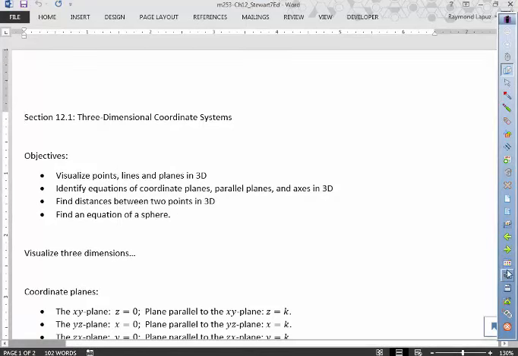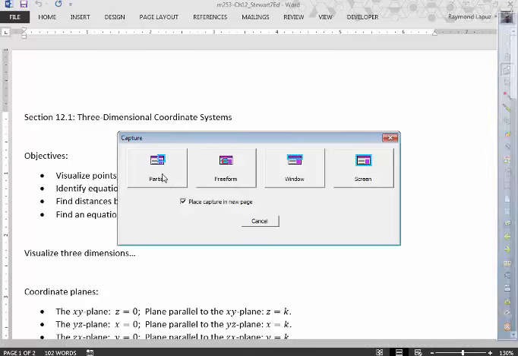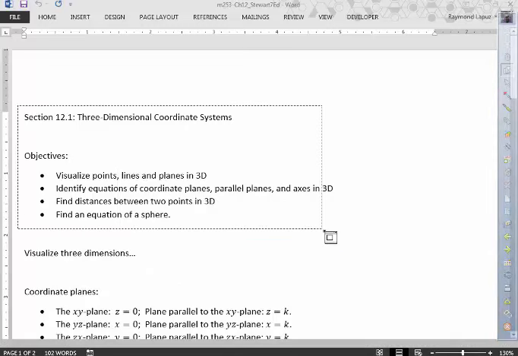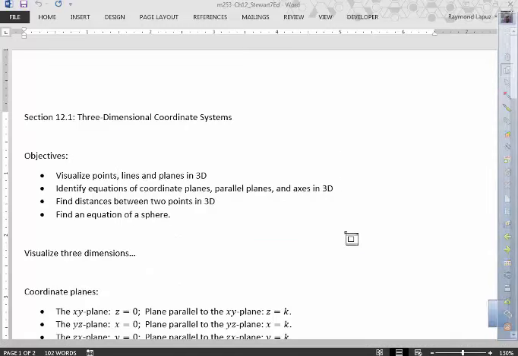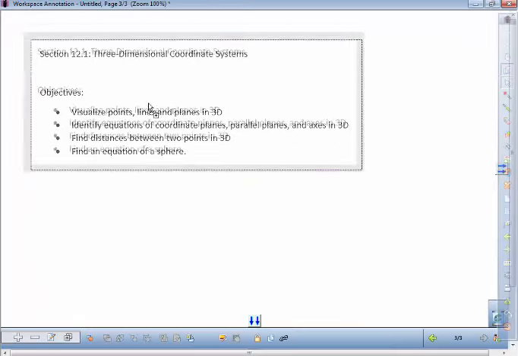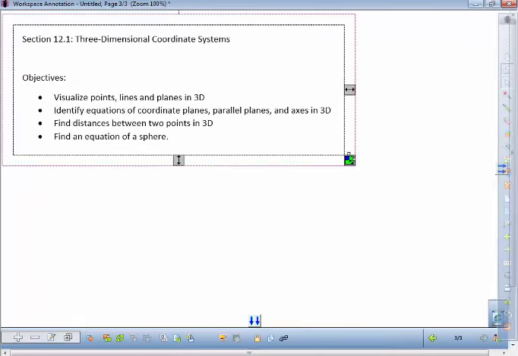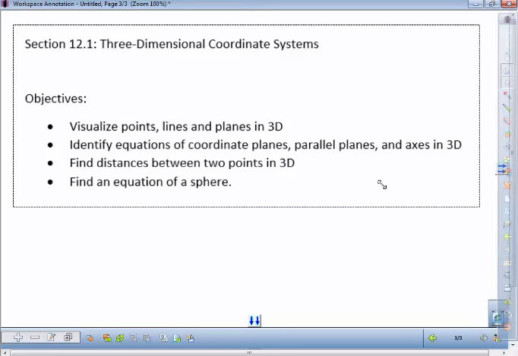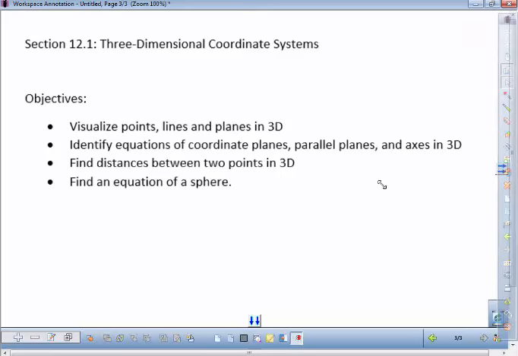All right, so our task is to try to visualize things that are happening in a 3-dimensional coordinate system, and then introduce ourselves to a few simple graphs of things. They're going to be introduced as a set of points that satisfy this equation or something like that.